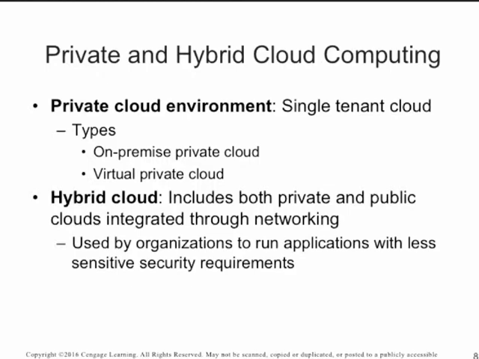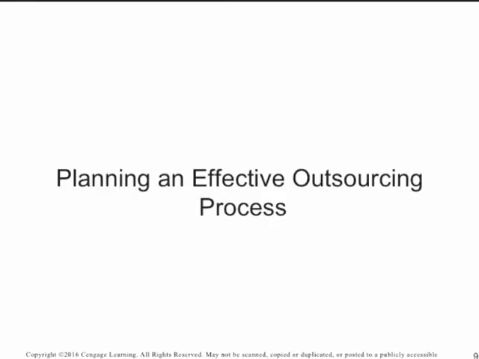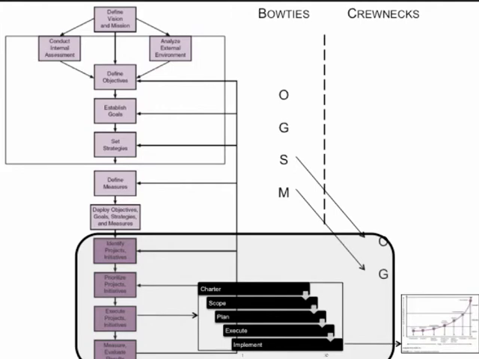Now I want to step into the next piece, which is how to plan for an effective outsourcing process. Now I'm going to go back to a slide from chapter 2, and you remember the strategic planning process. Over on the left-hand side of your screen, you've got the definition of the vision and the mission, and then you take two separate activities where you conduct an internal assessment and you analyze the external environment to then define the objectives for the organization.